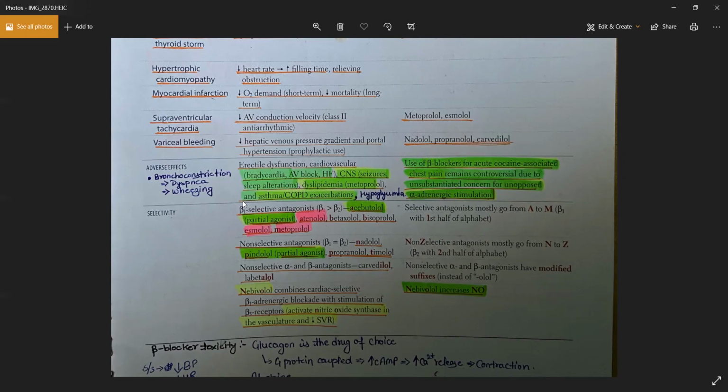And because the beta receptors are also involved in insulin release, if you guys remember, the insulin release could also be inhibited. And epinephrine will stimulate the beta receptors to cause the release of glucose from the glycogen.